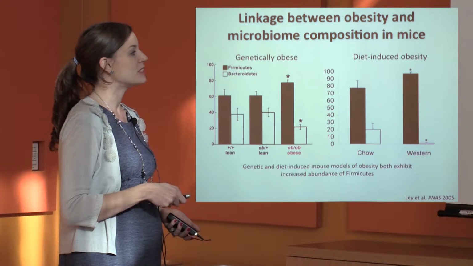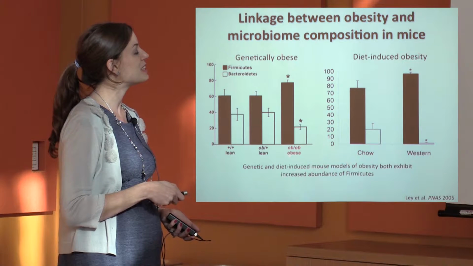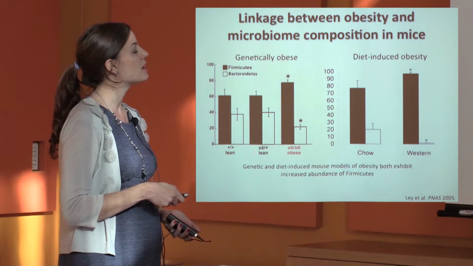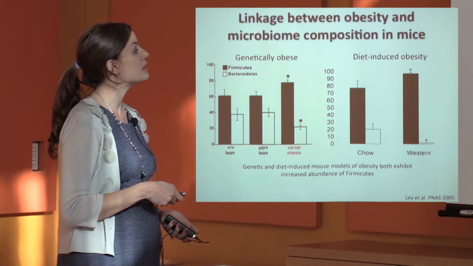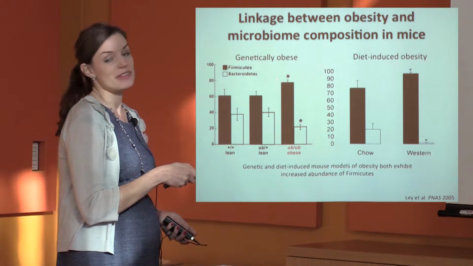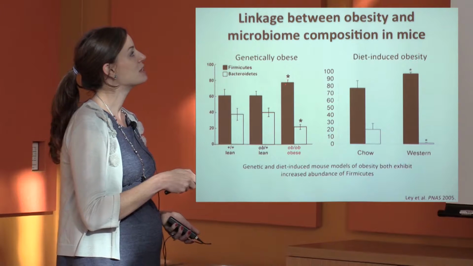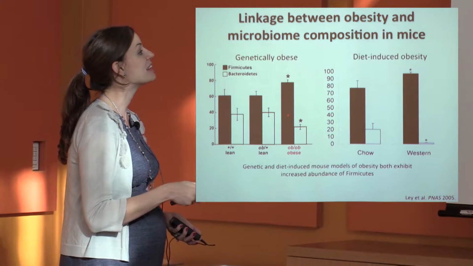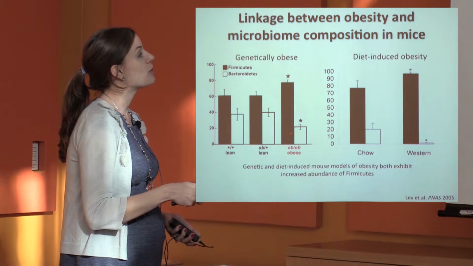They have a mutation in a gene that makes them obese, and then their counterparts, their brothers and sisters that were lean. And they found that the obese mice had enrichment of Firmicutes bacteria, compared to Bacteroidetes.